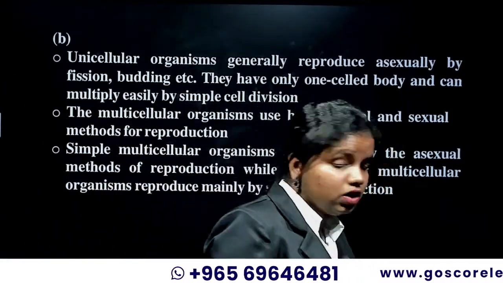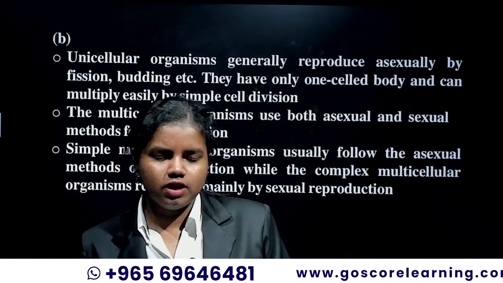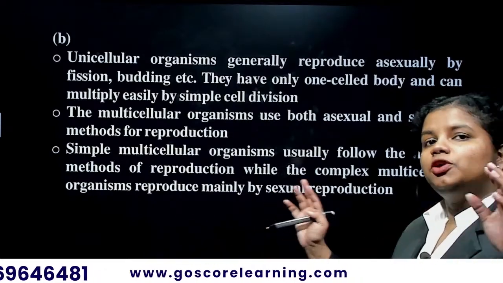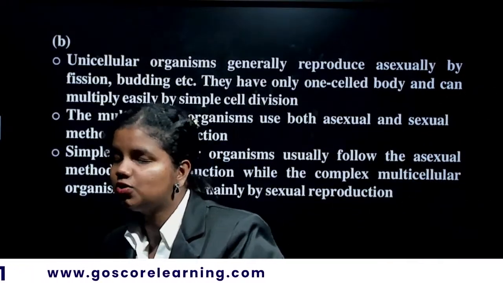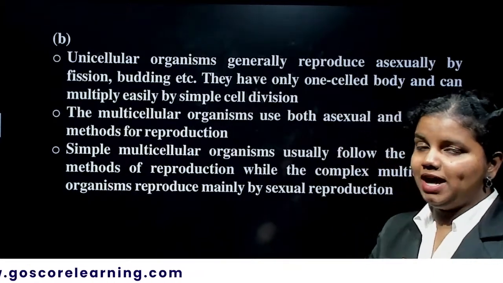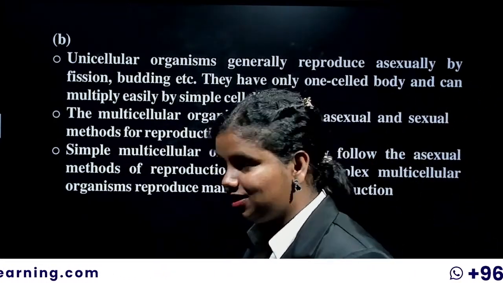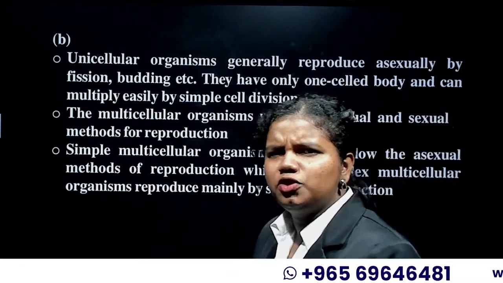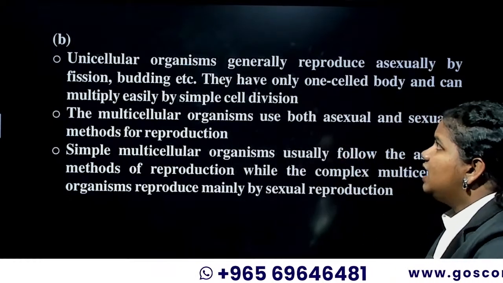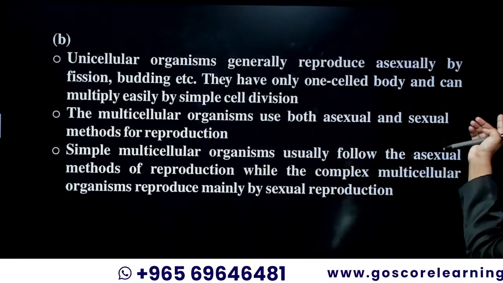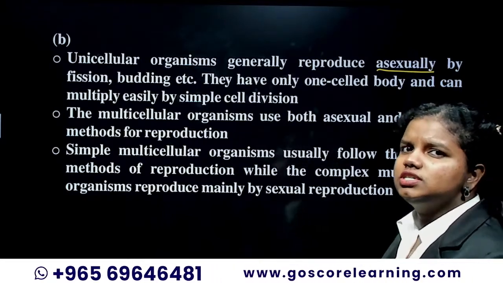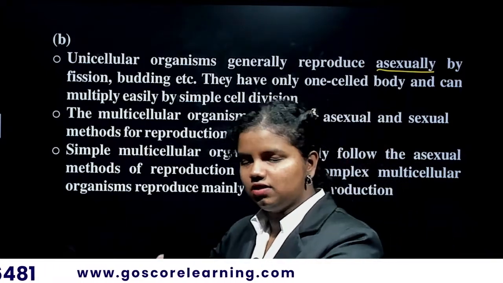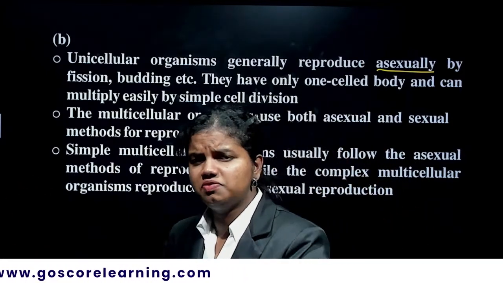Okay. So when you're talking about unicellular organisms, the first thing coming to our mind would be an amoeba or a paramecium, right? Or it could be a bacteria. Anyways, unicellular organisms like amoeba or paramecium or euglena, they are generally the ones who reproduce asexually. The majority of unicellular organisms don't need a complex process like sexual reproduction with two gametes, fusion, fertilization and all.